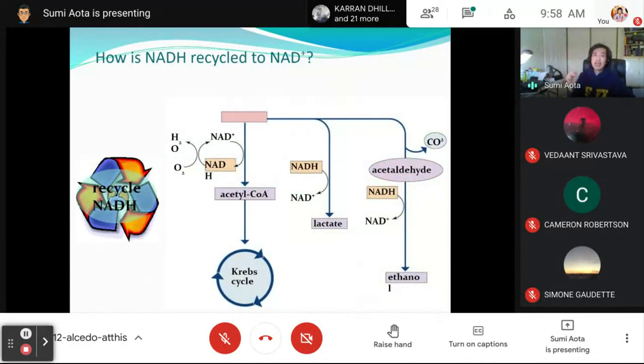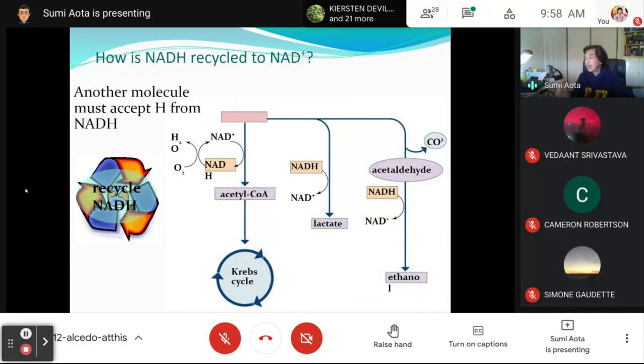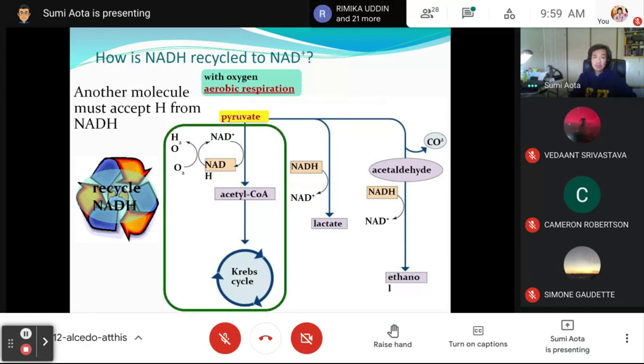So how is NADH recycled to NAD plus? It kind of depends on who you are. You need another molecule to accept hydrogens from NADH. So you have pyruvate. If you are an aerobic organism, what you do is shove it into the rest of cellular respiration.